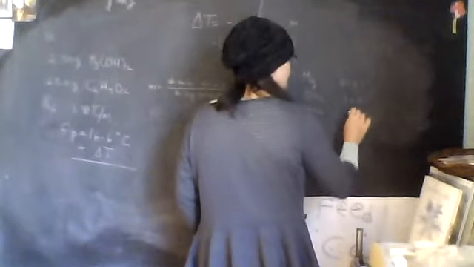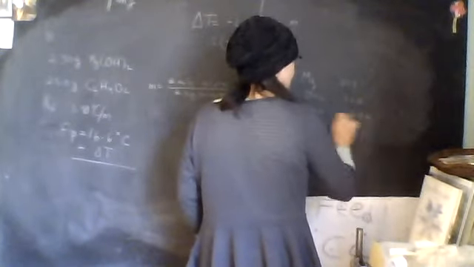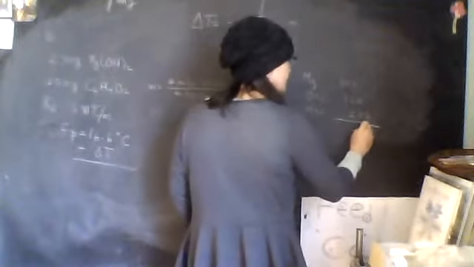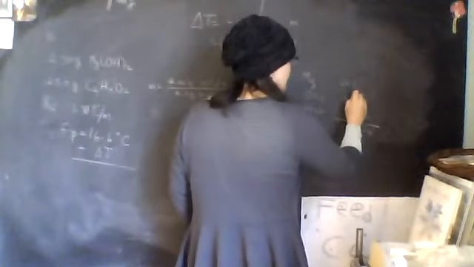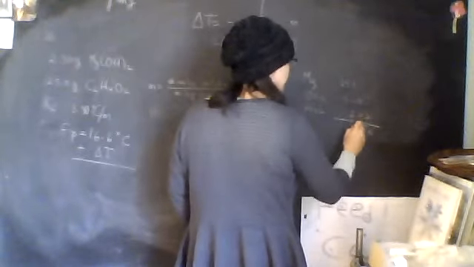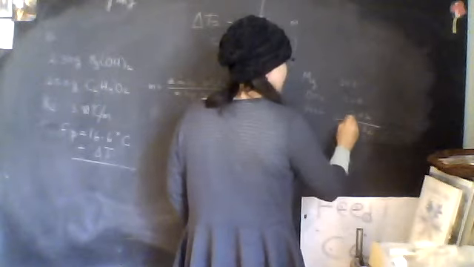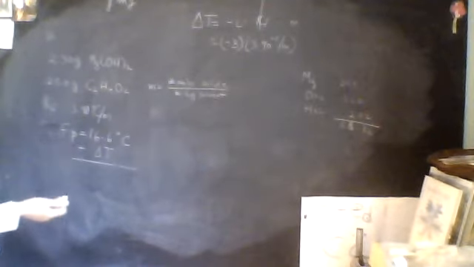We have 2 of those, 2.02, right? That gives us 58.32 grams per mole, or 1 mole per 58.32 grams.